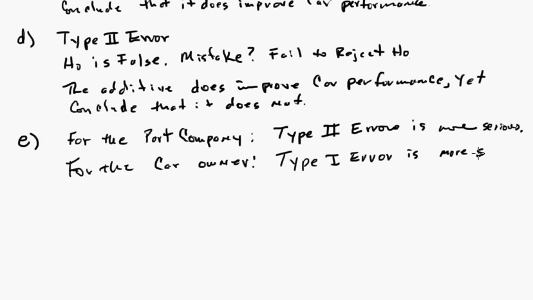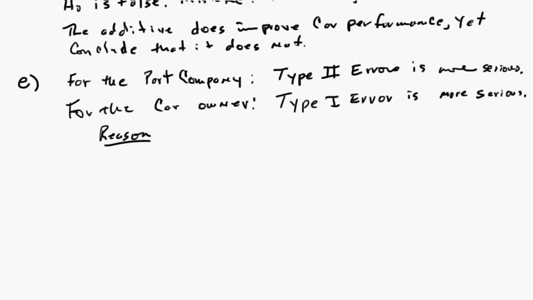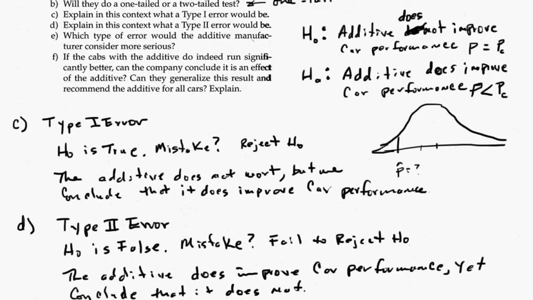Not that the other one isn't. It's just more serious. Okay, now the reason I showed this is because I think the answer that authors use is the first one. But on a test, I'll take either answer, but you just have to have a basis. So make sure you have a reason for the claim. Don't just say type 1 or type 2. Give me a reason. Think through it and justify it.